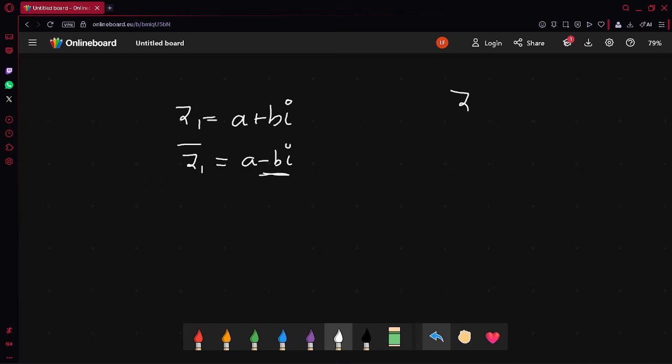Let's say you have z equals 2 plus 3i. Then the conjugate of z equals 2 minus 3i. And what this is supposed to represent geometrically is actually its mirror image through the x-axis.